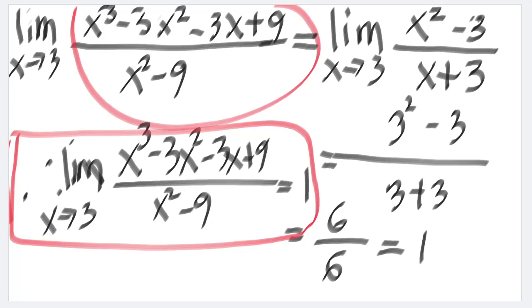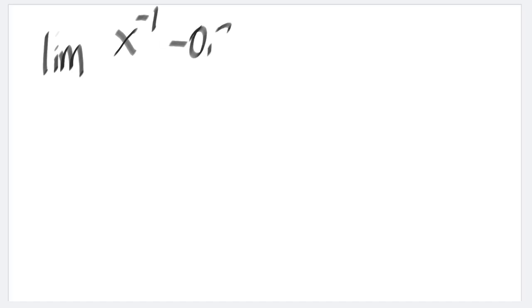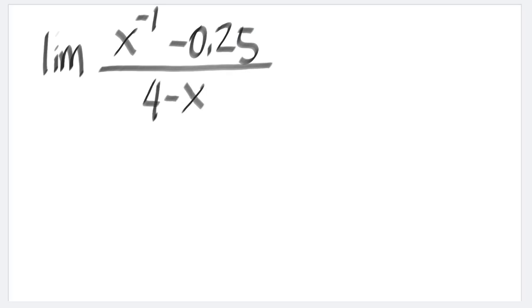Now, let us try to have another example. What is the limit of x raised to negative 1 minus 0.25 all over 4 minus x as x approaches to 4.